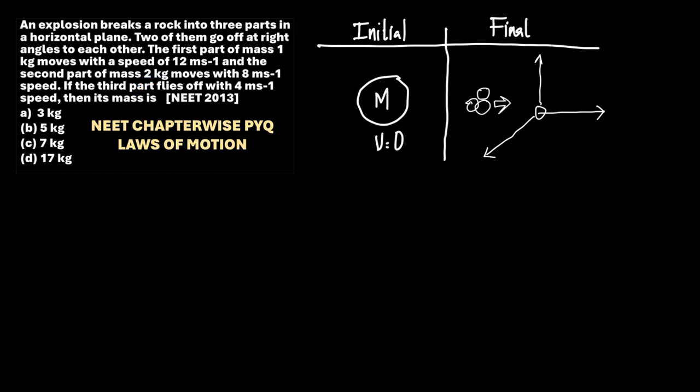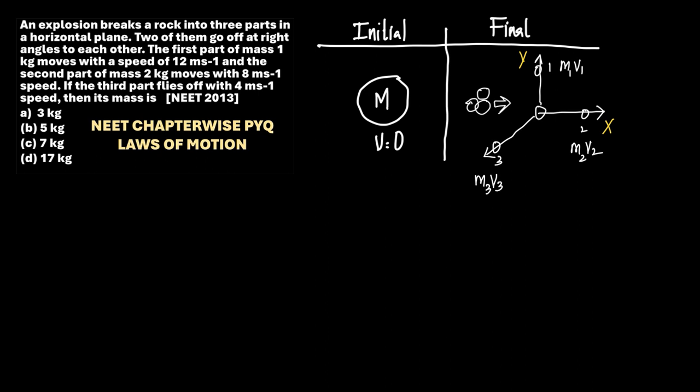It's only given a horizontal plane, which can be any plane. So I'll assume that this is the xy plane. We have one part going like this, another part going like this, and the third one going like this. So this is part 1, part 2, and part 3. What are the characteristics here? It is m1 v1, m2 v2, and m3 and v3.